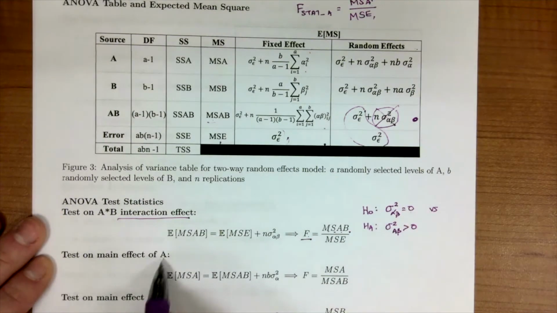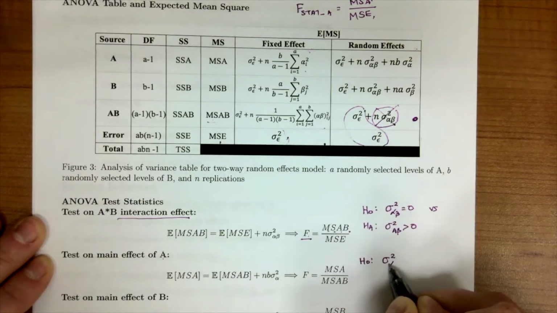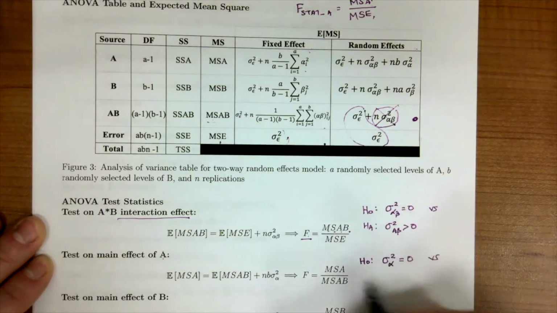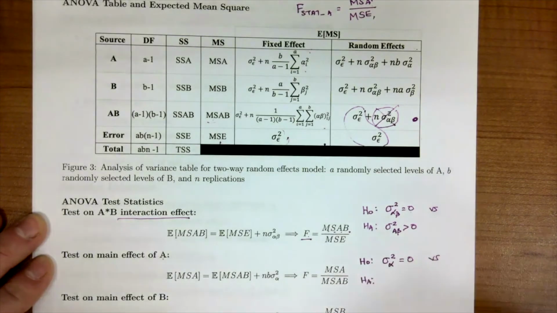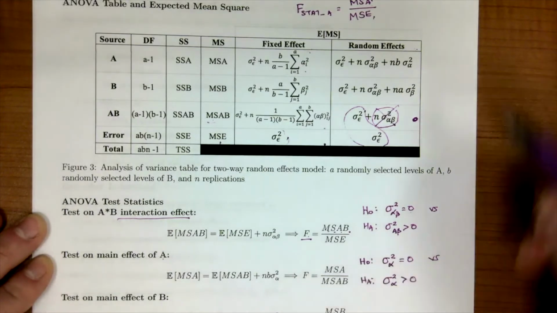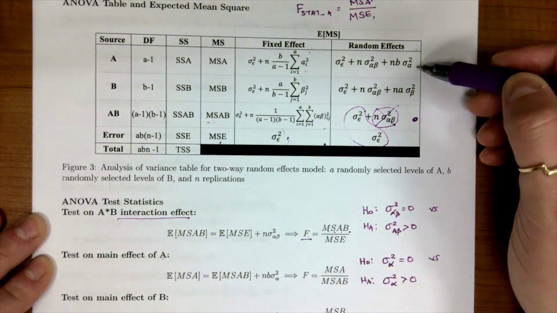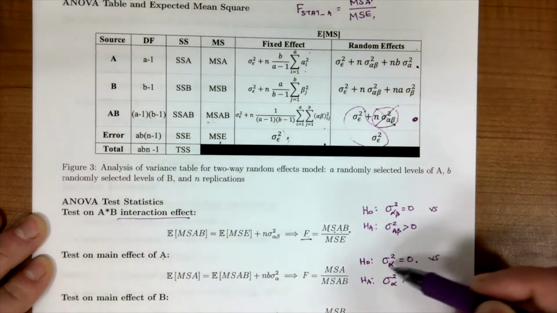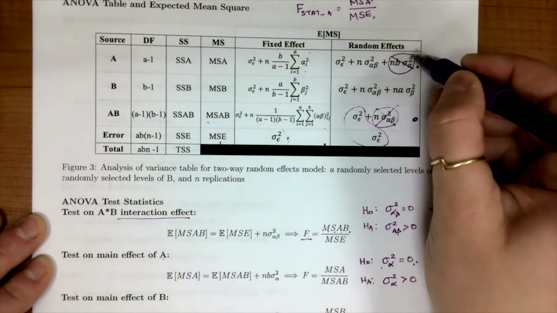For our main effects of A or B, let's look at A first. We know that our null will be sigma squared alpha equal to 0 versus the alternative hypothesis, sigma squared alpha greater than 0. Okay, we're going to come up here to look at our random effects, and what we're going to see is under the null, this would be 0. And so this chunk right here would be canceled out.